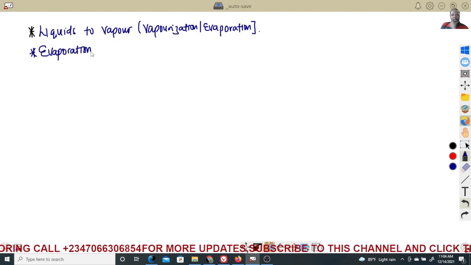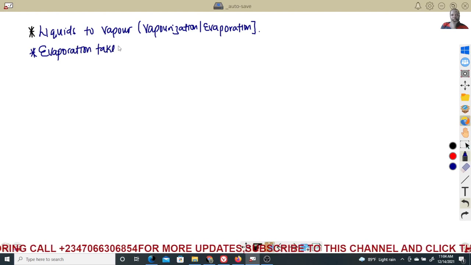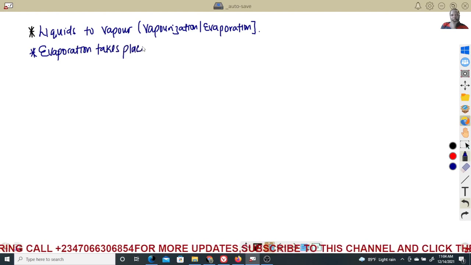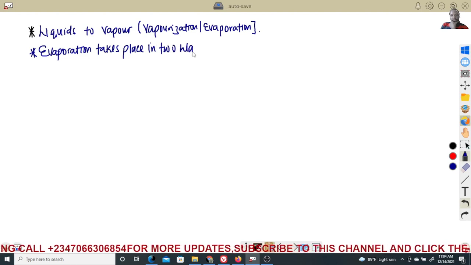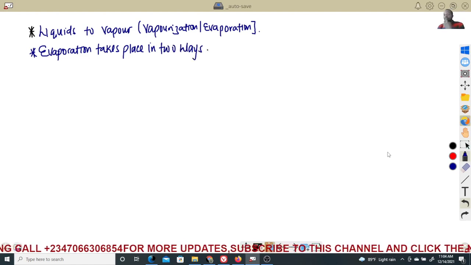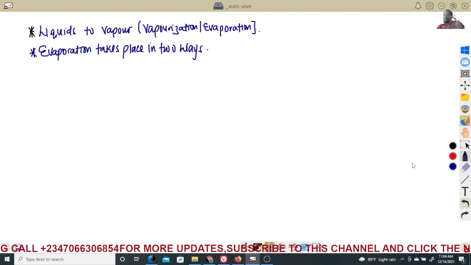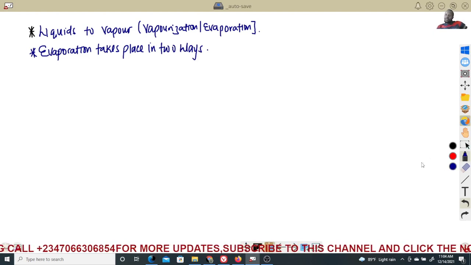Evaporation takes place in two ways. Or you say vaporization takes place in two ways. Evaporation and vaporization are actually the same thing.